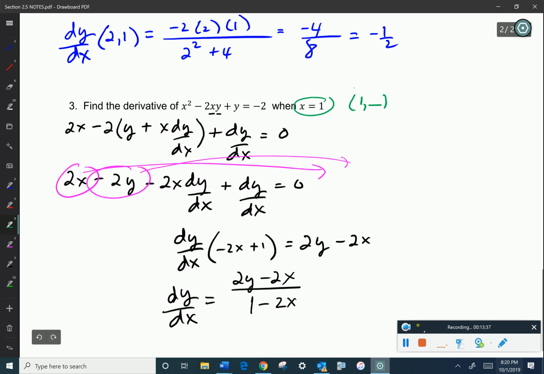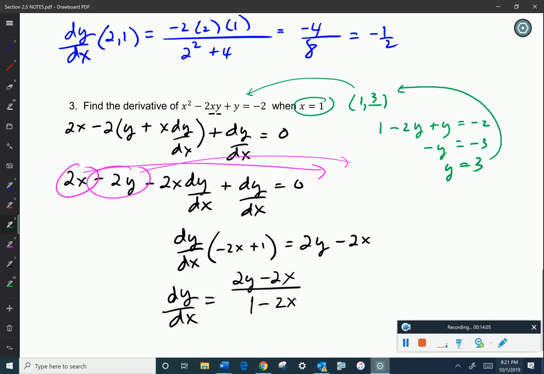So if I put a 1 into the original function, I'm going to have 1 squared minus 2 times 1 times y plus y equals negative 2. And this is going to allow me to solve for y. So negative y equals negative 3. So y must be 3. So my x, y is 1, 3, and I'm ready to plug that into my derivative.